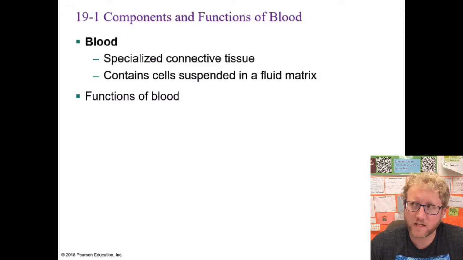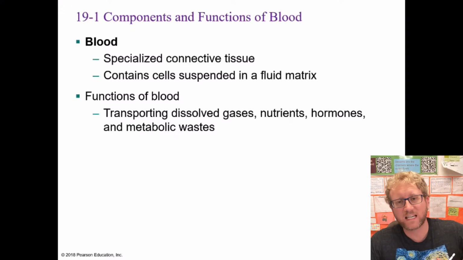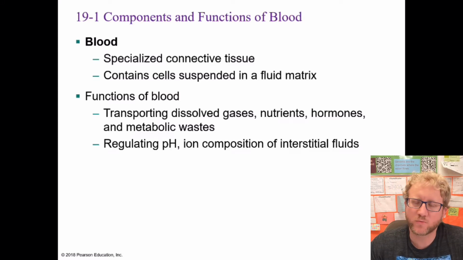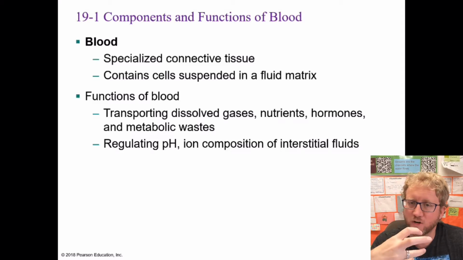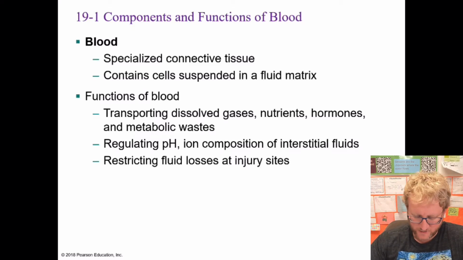The blood has a lot of different functions, including transporting materials, dissolved gases, nutrients, hormones, wastes, stuff like that. It also helps regulate pH, ions, composition of interstitial fluids. So you remember we talked about the sodium-potassium thing and the concentrations outside of your nerve cells and calcium in your muscle cells and stuff like that.